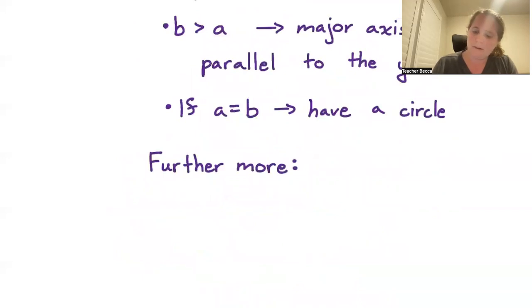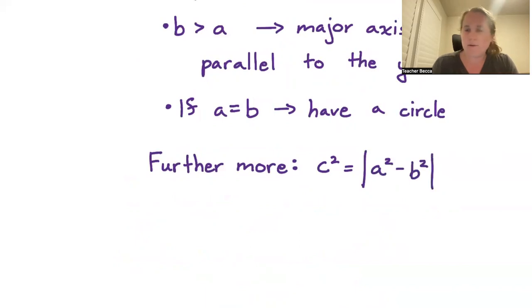So furthermore, our c squared is the absolute value of a squared minus b squared, whichever one is bigger out front, but we don't need to worry about that with absolute value.